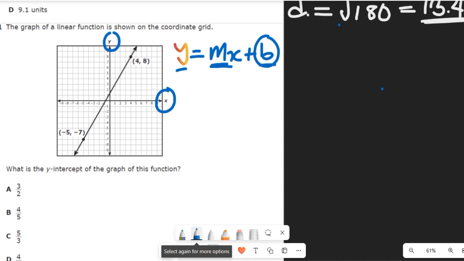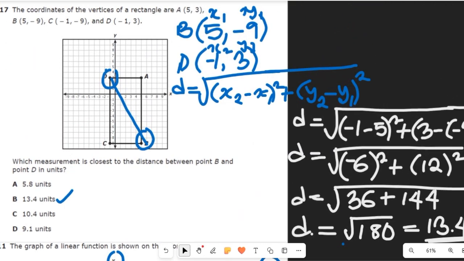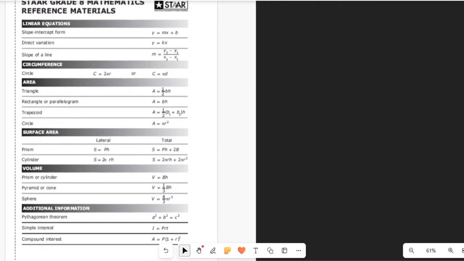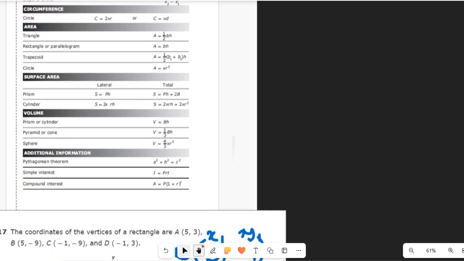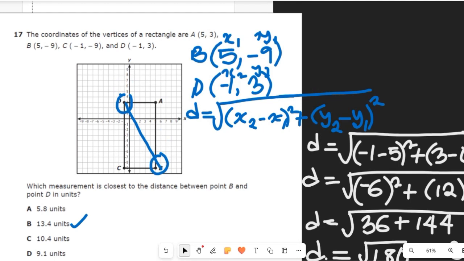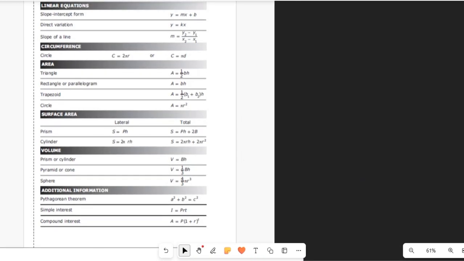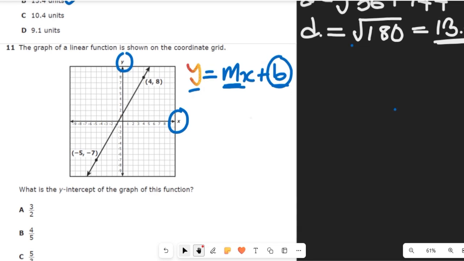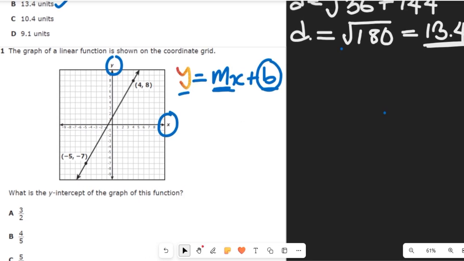Remember that the expression for the slope is also given to us in the material, which makes it easier for you. The slope of the line is y2 minus y1 divided by x2 minus x1. So we have 2 points on the graph. And what are the 2 points?